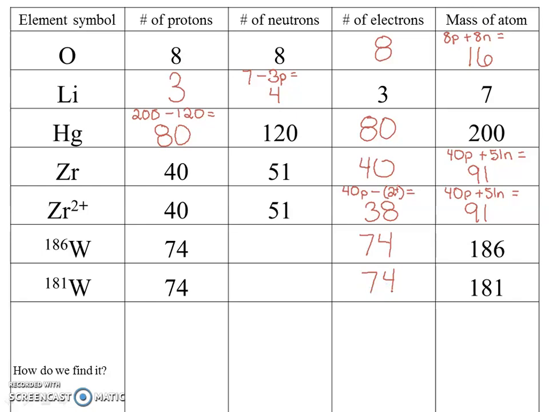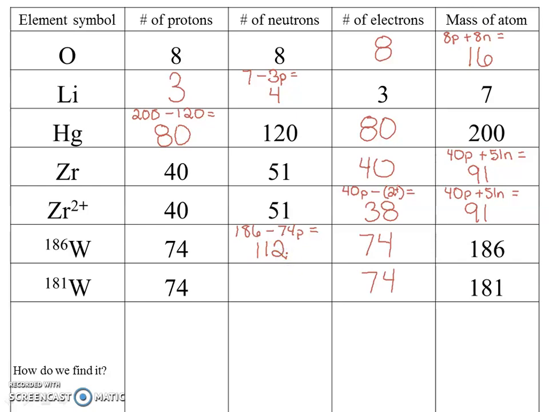So how do we calculate the number of neutrons? Just like we did for lithium in row 2, we use the mass, 186, minus what we know to be protons, 74. And when we do the math, we get 112 neutrons.